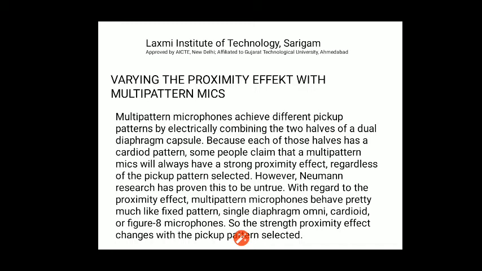However, Neumann's research has proven this to be untrue. Multi-pattern microphones behave much like fixed pattern single diaphragm omni, cardioid or figure-8 microphones. So the strength of the proximity effect changes with the pickup pattern selected.